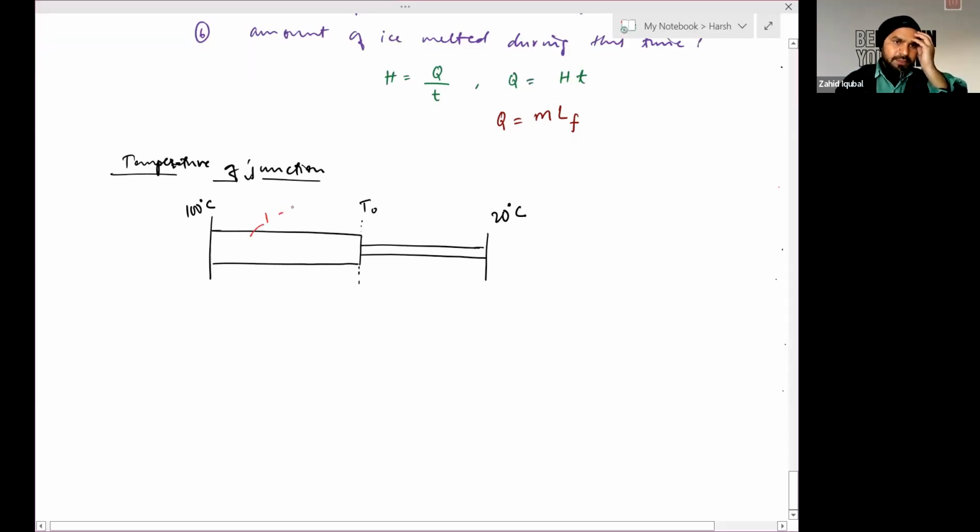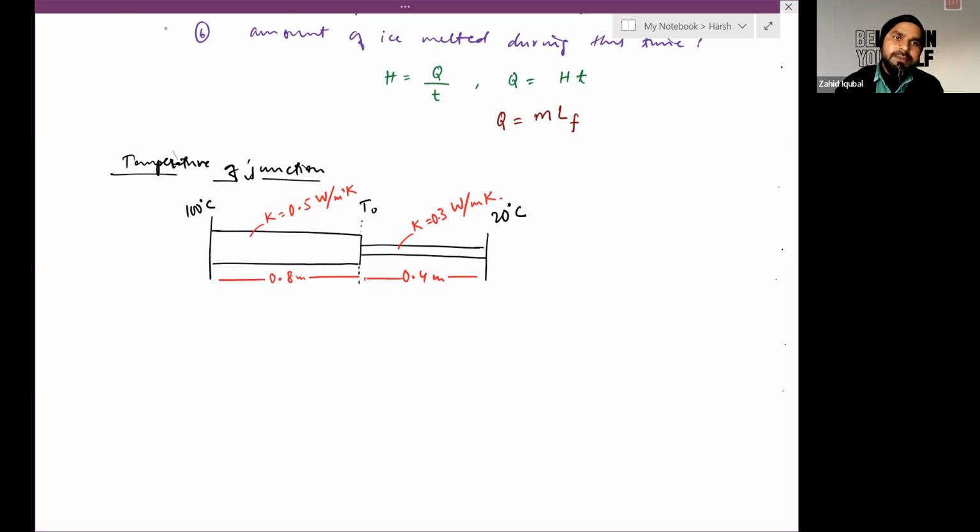Thermal conductivity of this rod is 0.5 watt per meter per Kelvin, and of this rod is 0.3 watt per meter per Kelvin. Length of this rod is 0.8 meter and length of this rod is 0.4 meter. How to calculate temperature of junction in this part?